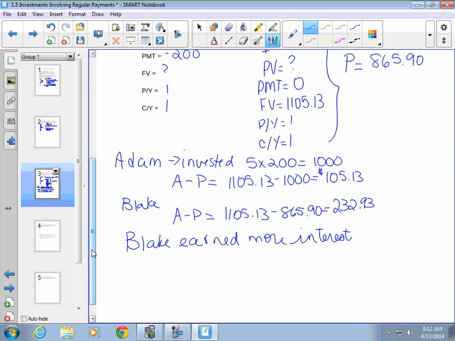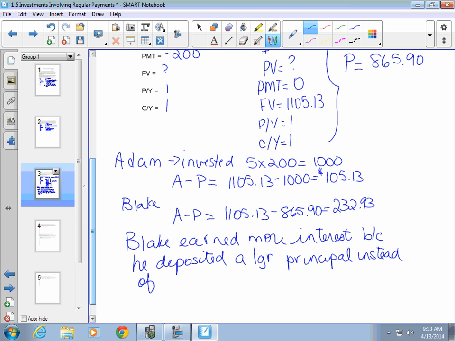And that's because he deposited a larger principal instead of the yearly deposits.